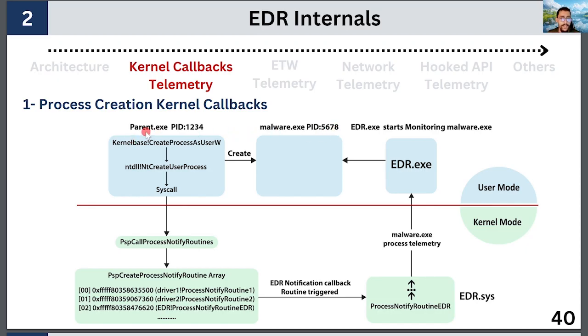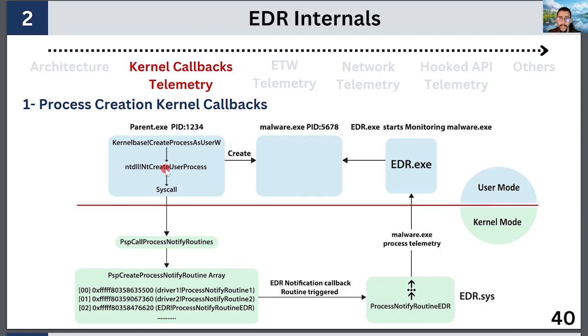The parent.exe calls the Win32 API CreateProcessAsUserW exported by kernelbase. This API is commonly used to create a new process with the security context of another process. This API then calls the native API NtCreateUserProcess exported by ntdll.dll.